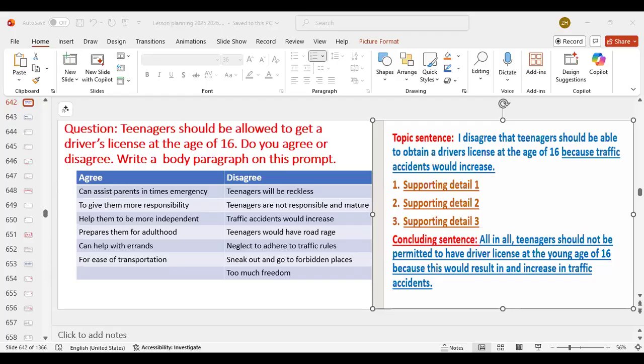All right. So take a picture of your work and send it to me via WhatsApp. Again, take a picture of your work and send it to me via WhatsApp.